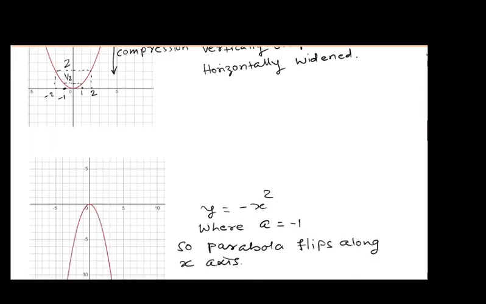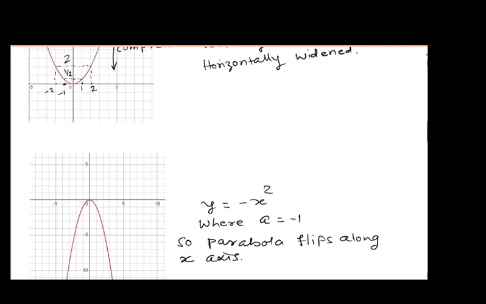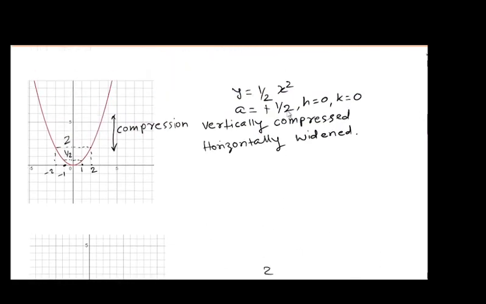But in this case, when x is 1, y is 1/2. So the parabola is compressed vertically, and horizontally it is widened.